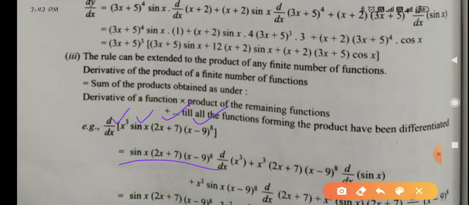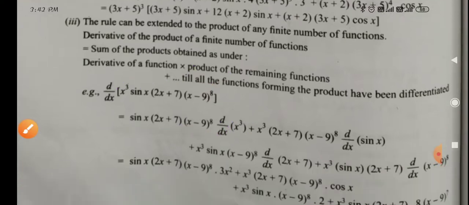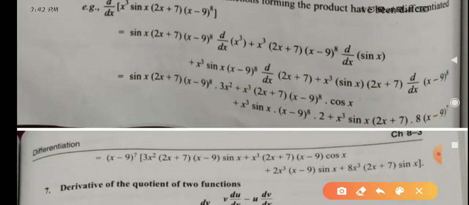So the product of the three functions sin x, 2x plus 7, (x minus 9) to the power 8, and differentiation of the first function x cubed, plus, now the first, second and fourth are the same and differentiation of the second function. Now the first, second and fourth are the same, differentiation of the third function. First, second, third are the same, differentiation of the fourth function. So all four functions' differentiation you have included. So till here it will be ended.